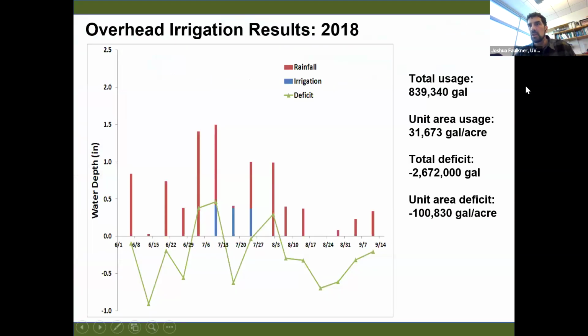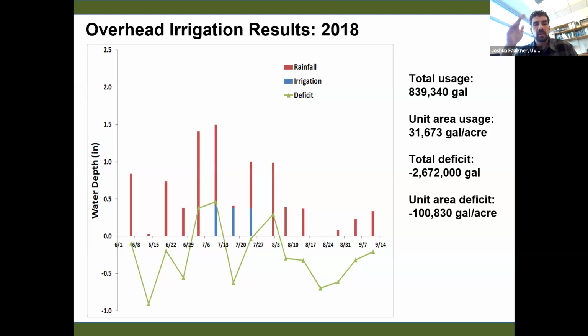And so I'll start with the overhead irrigation, and just to explain quickly what you're looking at. This is an estimation of water deficit. The x-axis is 0. That means 0 water deficit. And when the green line is below the x-axis, it means we have a water deficit.